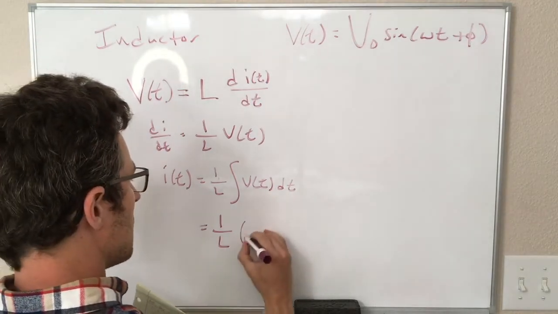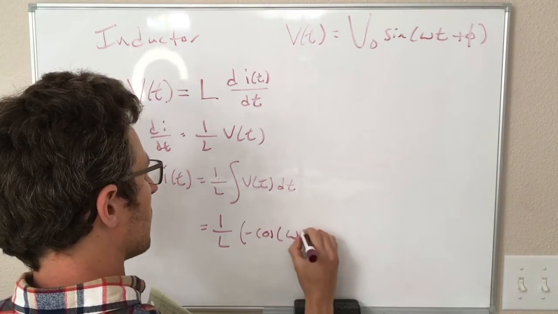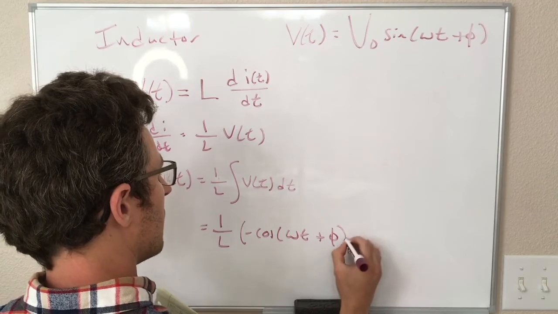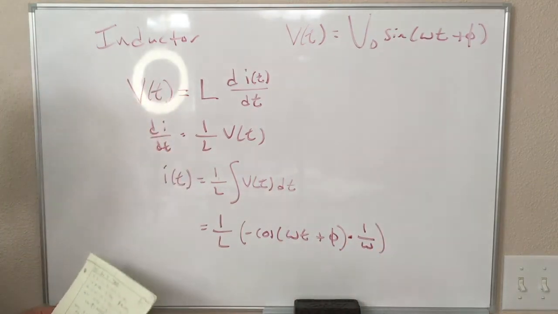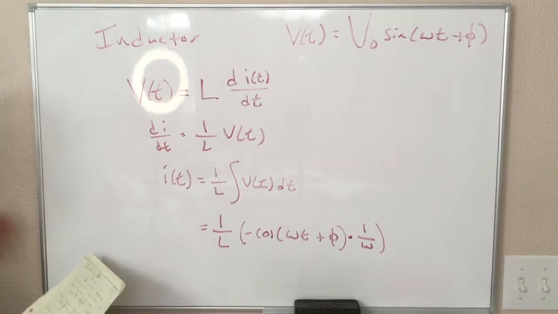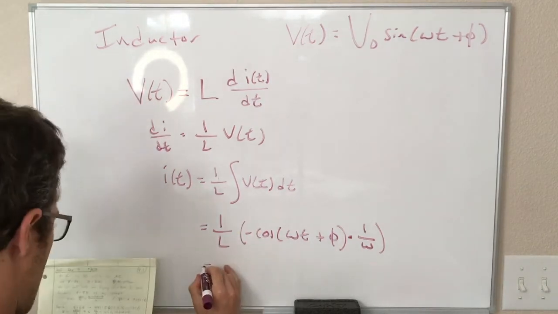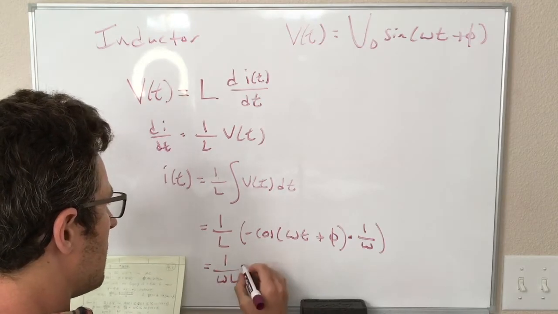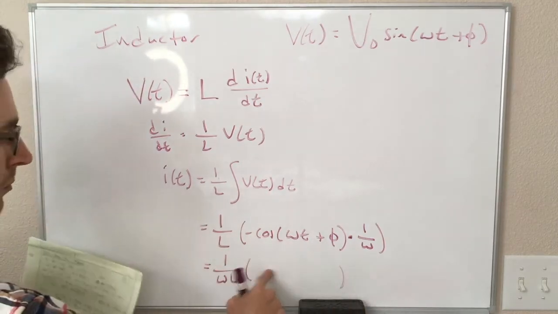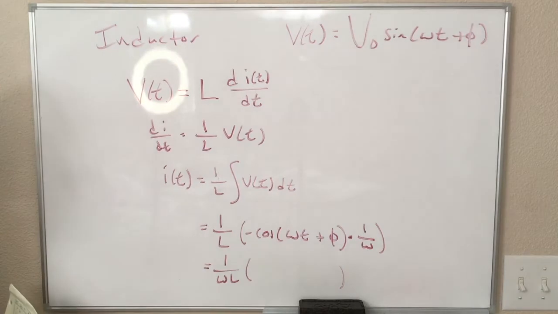So this is minus cosine of omega t plus phi times 1 over omega. Okay, so rearranging this, we get 1 over omega L times this minus cosine stuff.